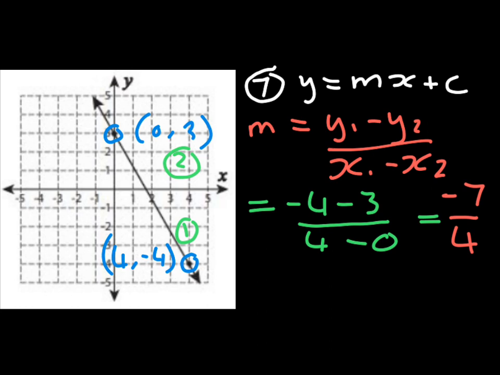Therefore, as we can see, this cannot be simplified any further, and m equals minus 7 over 4. So we can rewrite our equation as y equals minus 7 over 4x plus c.